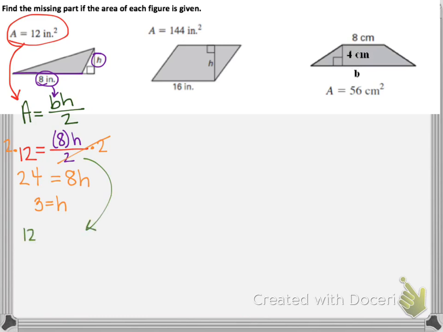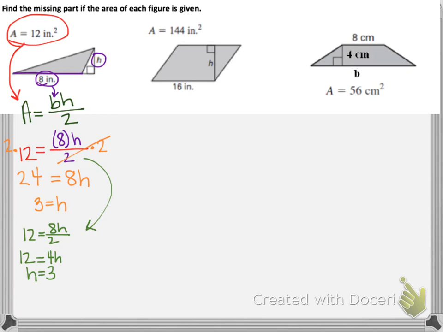Just throwing this out there. You can ignore me. You can skip ahead. We could have just as easily said, okay, 8 divided by 2 is 4, and have 4h equals 12. So then h equals 3. So that's another way to solve it. Okay.